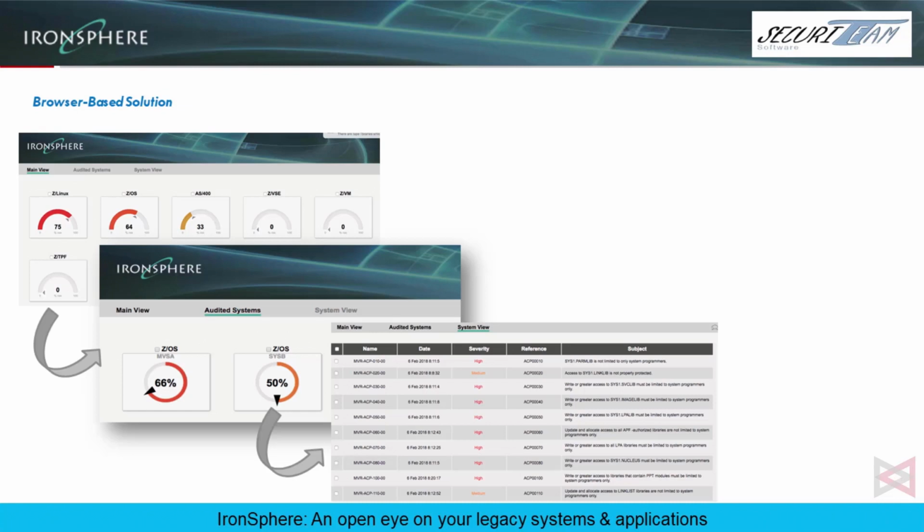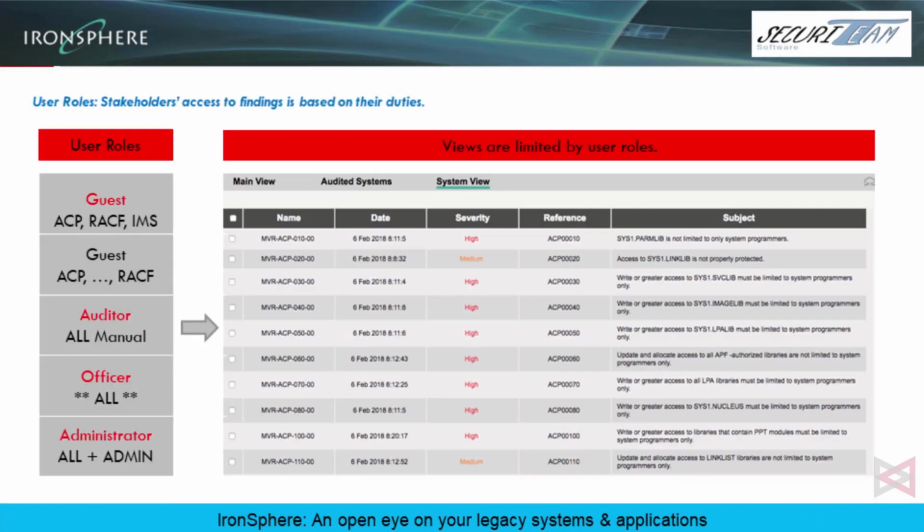By clicking on the OS group icon, you will access the audited system pane, which displays all systems in the OS group, like here. The list is organized by severity levels from higher to lower, left to right. The system view, the complete report, is accessed by clicking on a specific system in the audited system pane.